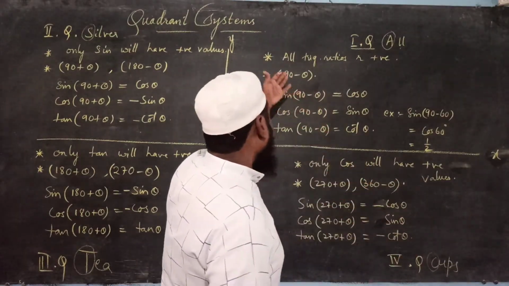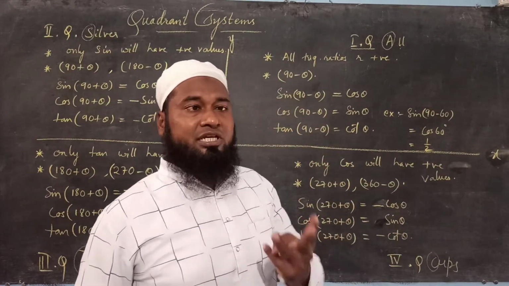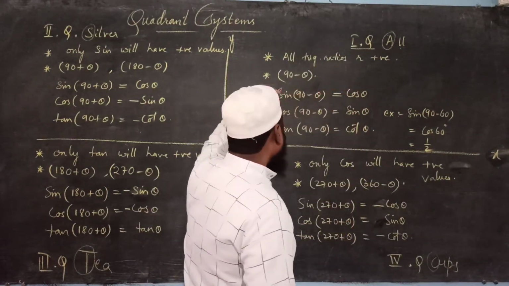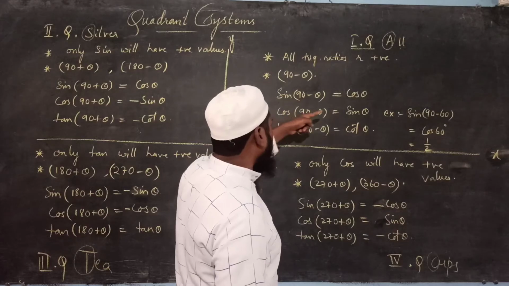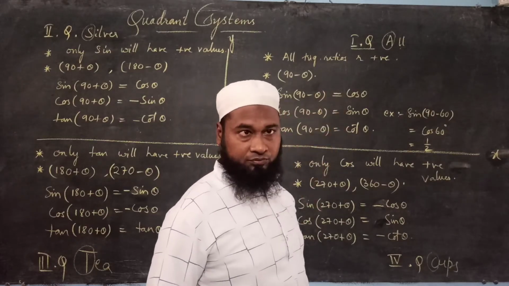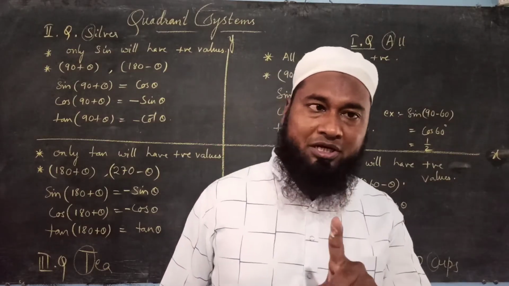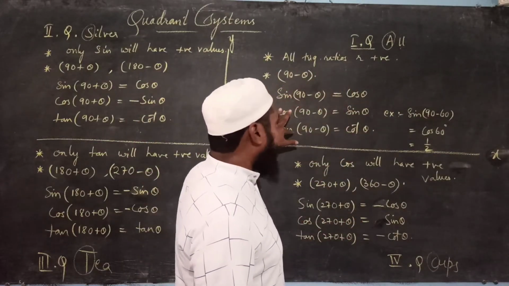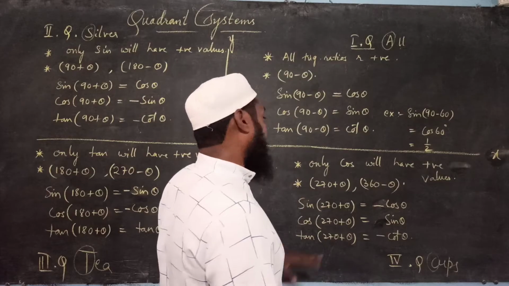Okay, so in this quadrant system, basically you have to remember 3 things. The first thing which you have to remember is, in each and every quadrant, which trigonometric ratios will have positive value for all angles.